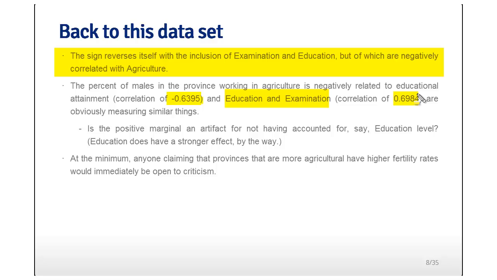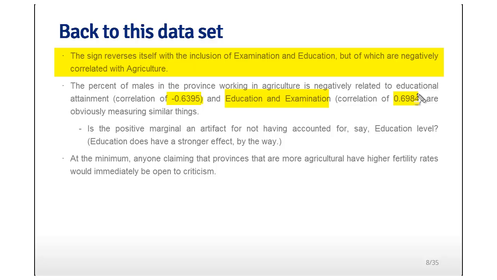So the obvious question is, which is the right model? The marginal model that disregards education, which doesn't reverse sign, or the model with education and examination in there, which causes this agricultural coefficient to reverse its sign?